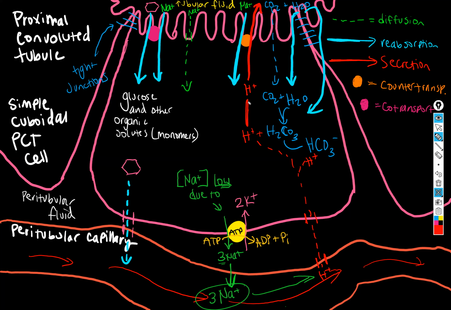Okay, the last thing we need to worry about here is our bicarbonate, because bicarbonate is really the most useful when it's in our blood plasma, helping to buffer our blood against potential pH changes.